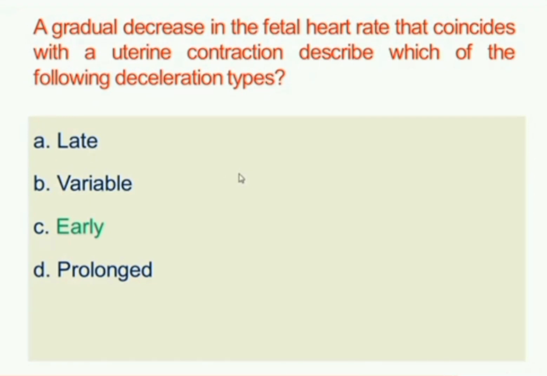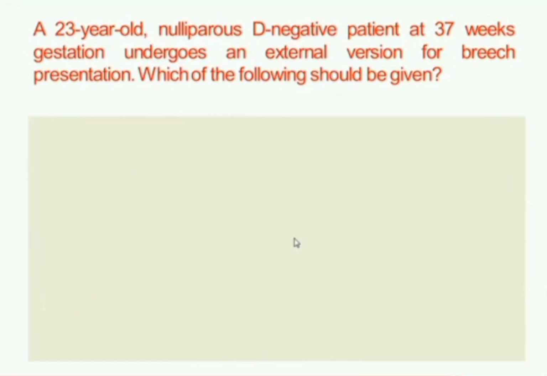And further, coming towards the next question: a 23 year old nulliparous D negative patient at 37 weeks gestation is undergoing external cephalic version with breech presentation. Which of the following should be done?